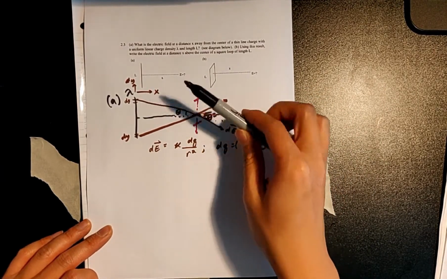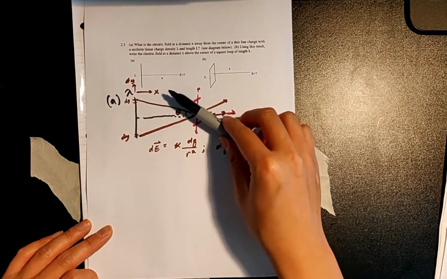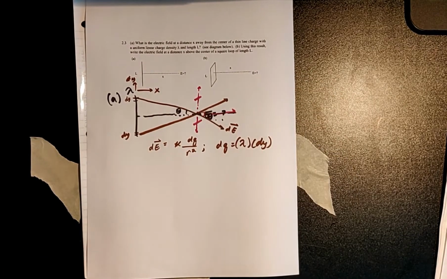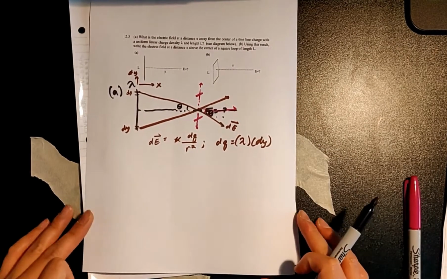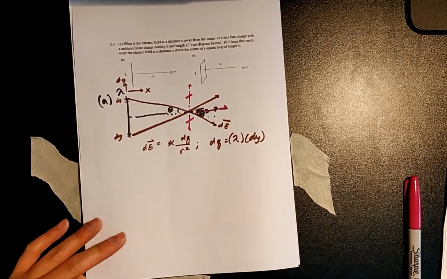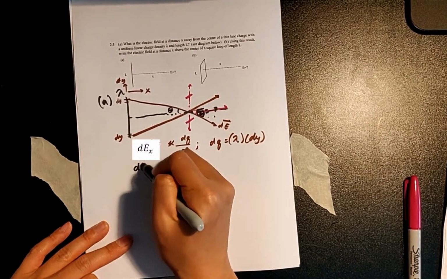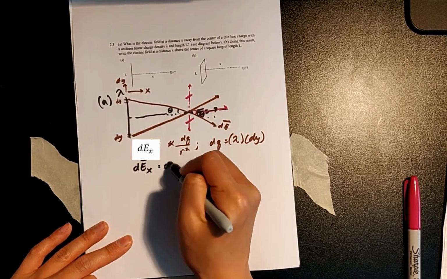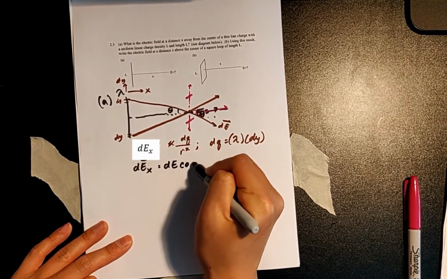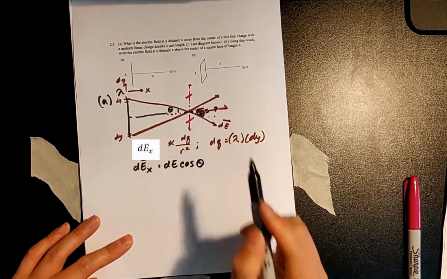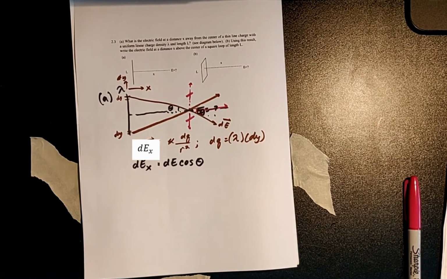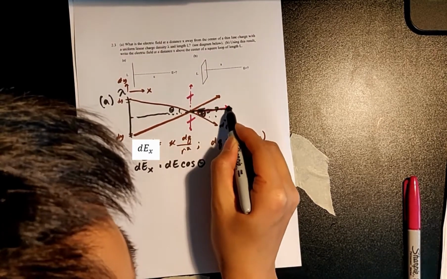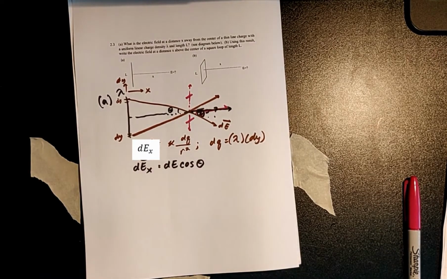So on our x-axis, it's going to be cosine. So since we are only interested in the x component, dEx is simply going to be equal to dE times cosine theta, and this is our theta. I'm sorry this is hard to see.